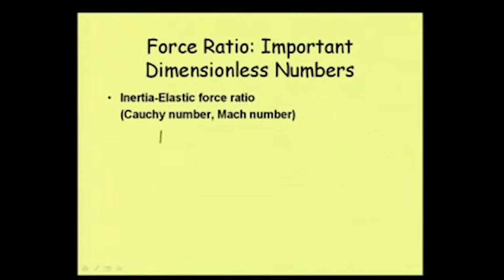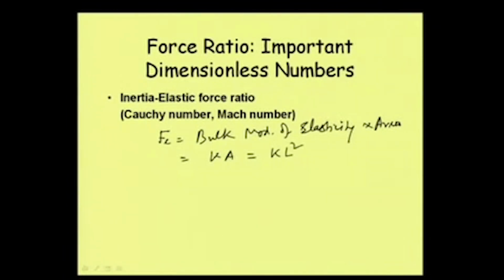So, say Fe, the elastic force, we can write as bulk modulus of elasticity into area. Bulk modulus is stress by strain. Stress is the pressure, and with area it will be force, and strain is of course a non-dimensional term. So, Fe is K into A, or K L square, where K is normally used for bulk modulus of elasticity.